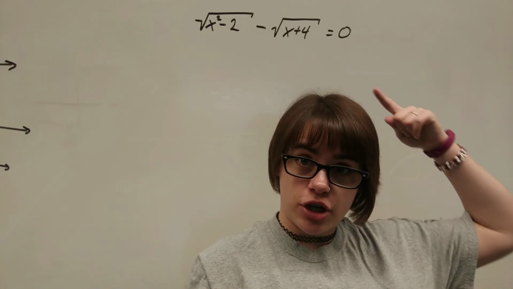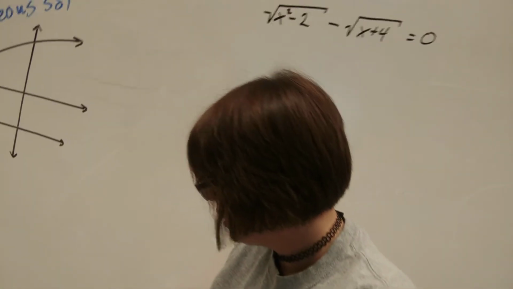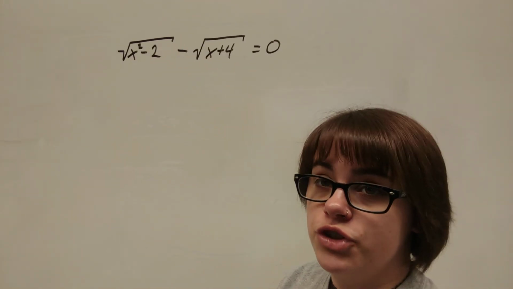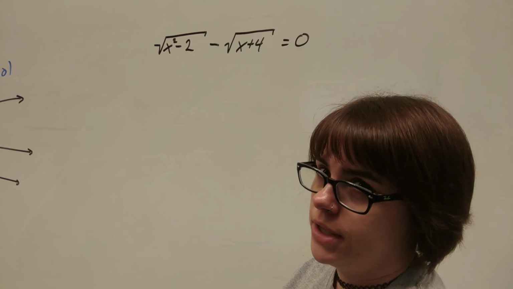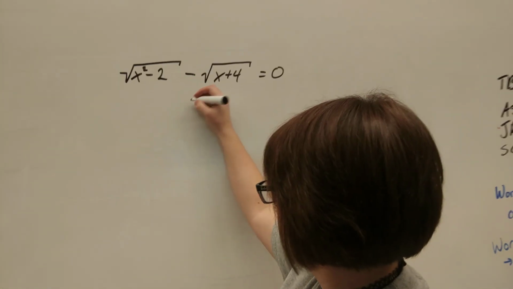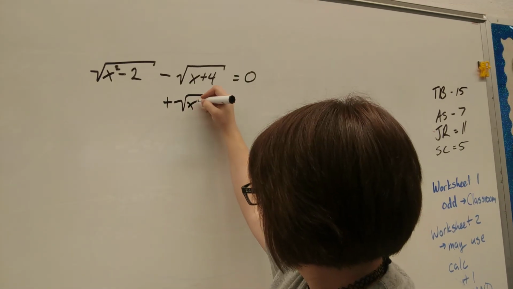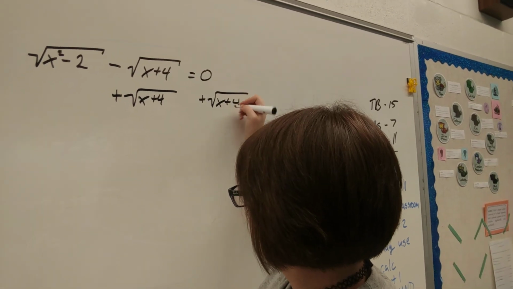All right, now real quick, I'm going to start this one for you guys. Now here's what you cannot do. If you notice that there are two radicals on one side of the equation, I can't just square the whole thing because you're going to lose a piece. So instead what I want to do is write plus root x plus 4 plus root x plus 4.